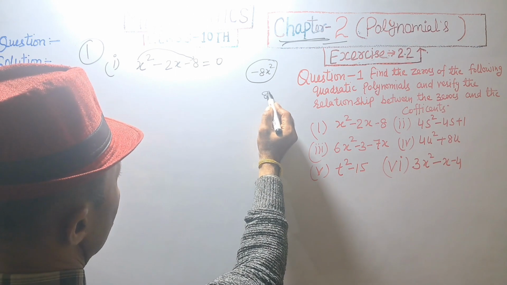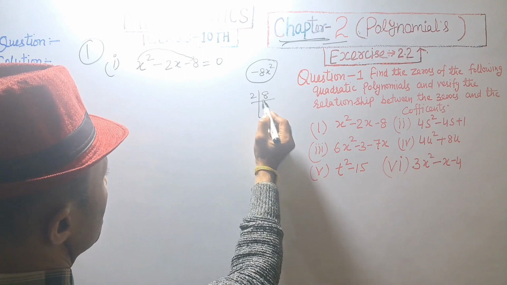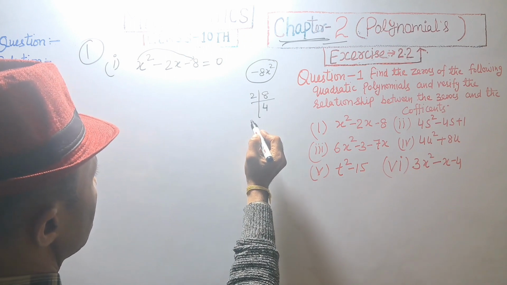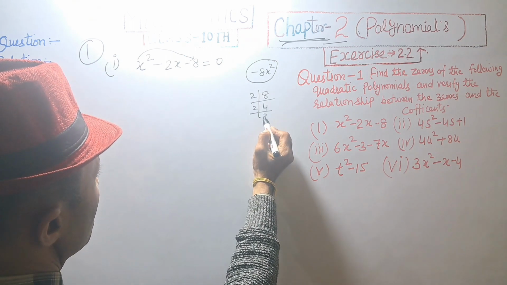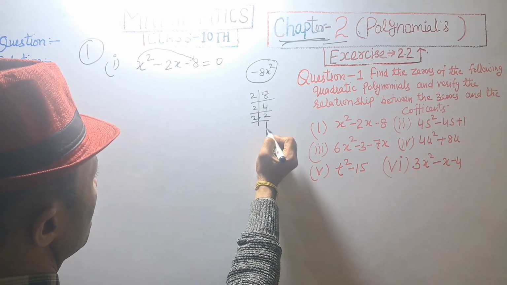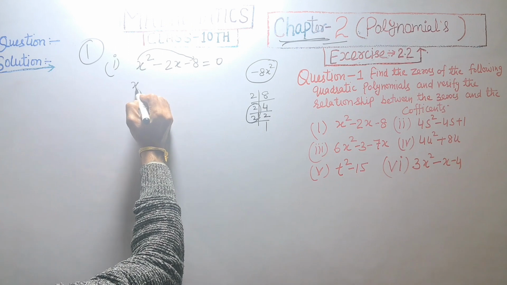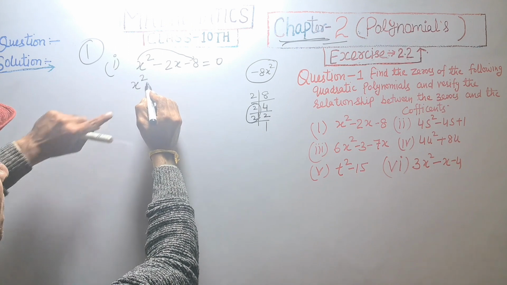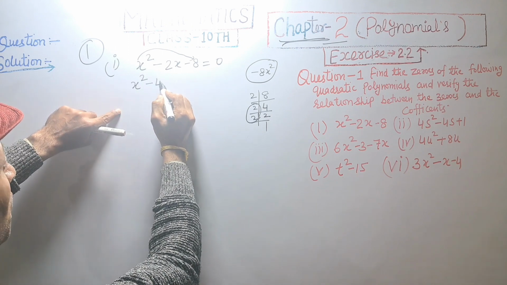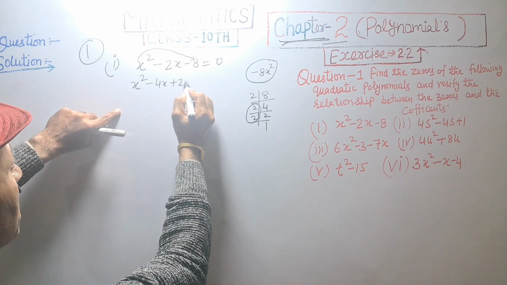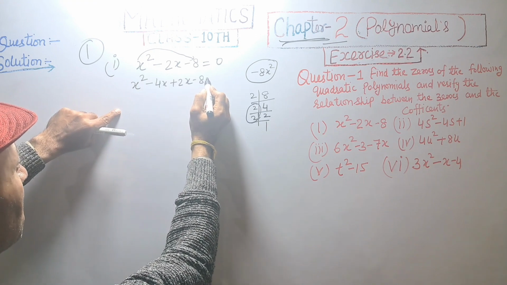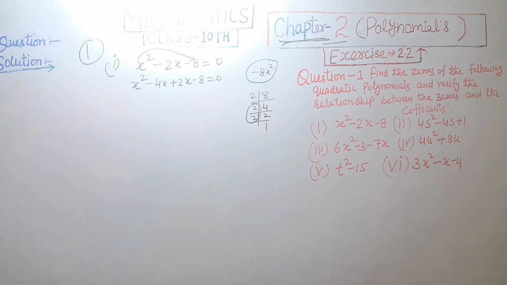Prime factorization of 8: 2 fours are 8, 2 twos are 4, 2 ones are 2. So x raised to power 2 minus 4x plus 2x minus 8 is equal to 0.